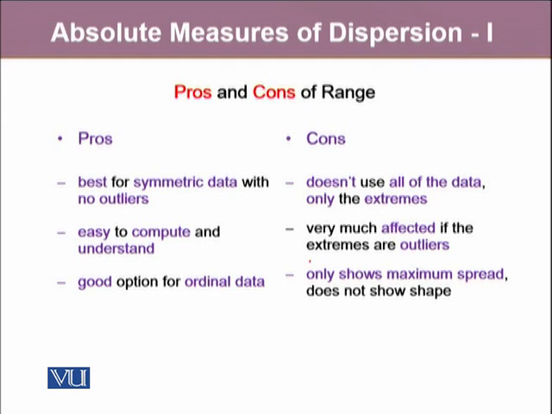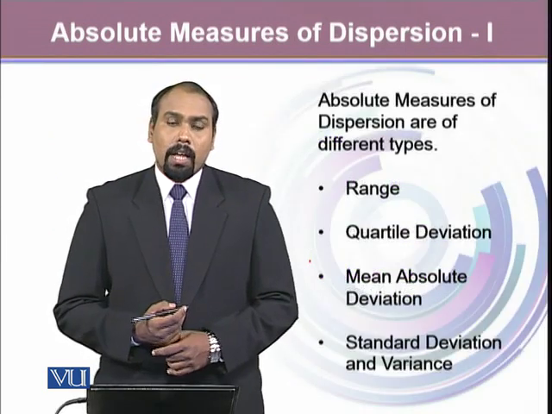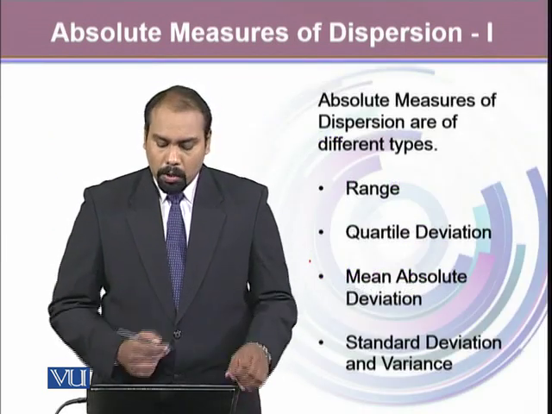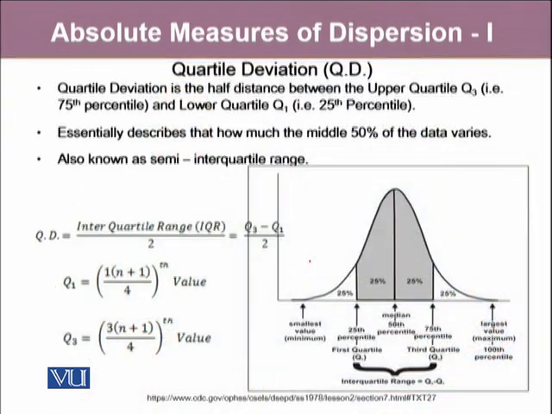Absolute measures of dispersion have another type that's called quartile deviation. Quartile deviation is heavily dependent upon the quartiles, which are the cut points. Quartile deviation is the half distance between the upper quartile and the lower quartile. Upper quartile is the 75th percentile or third quartile, and lower quartile is the 25th percentile, which is the first quartile.